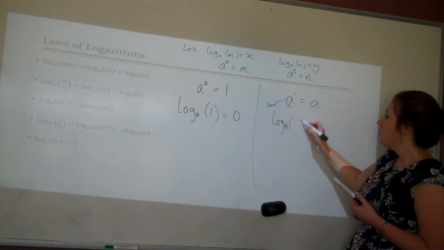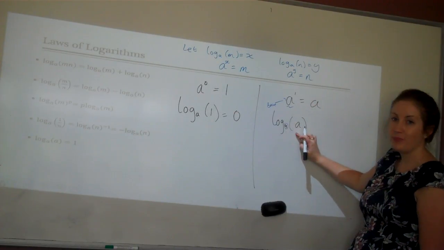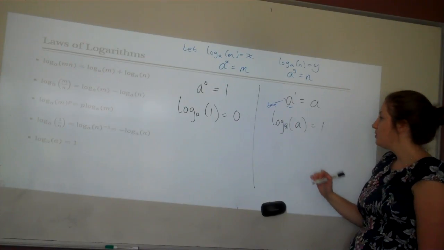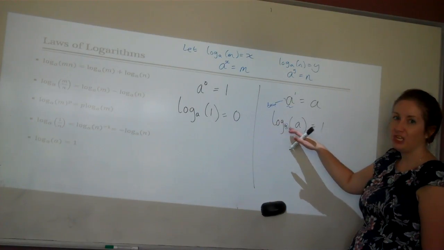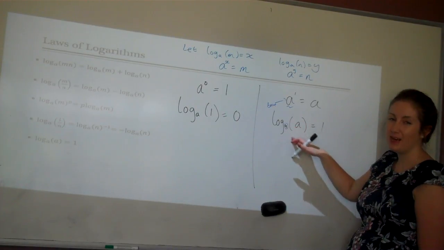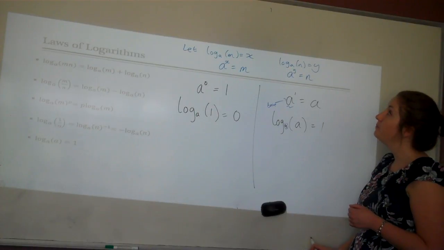In our brackets, we get whatever our equation was equal to, which was this a. So this a from here is moving in here, and it's equal to the old power. So we know that whenever I have the matching base and the argument in the brackets, it's going to be equal to 1.